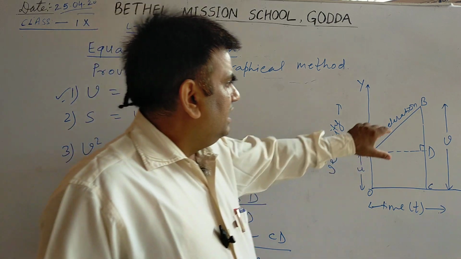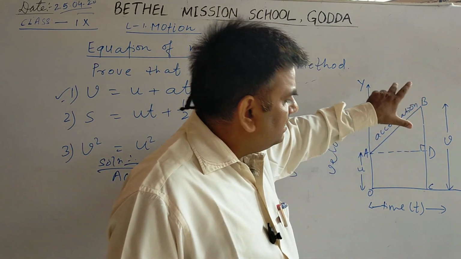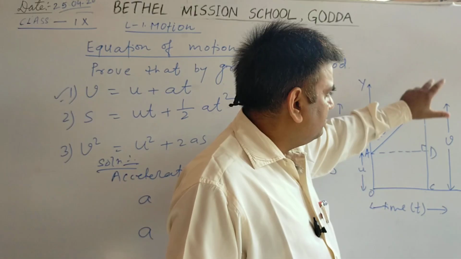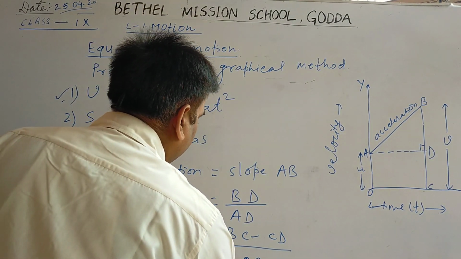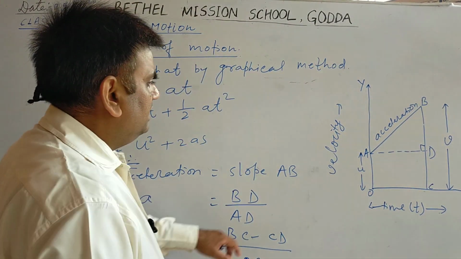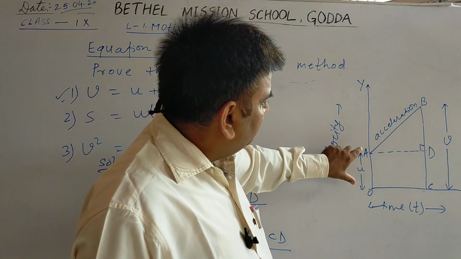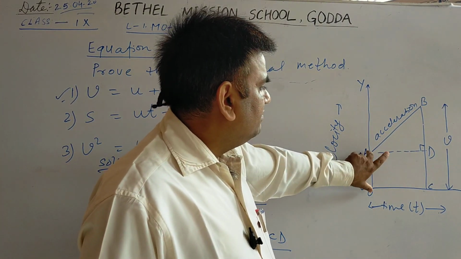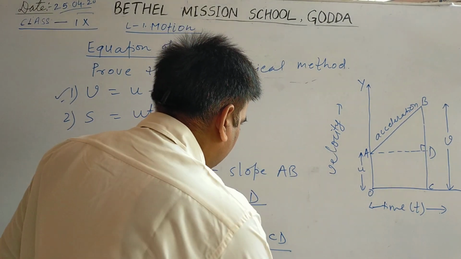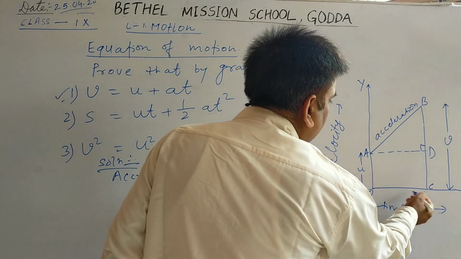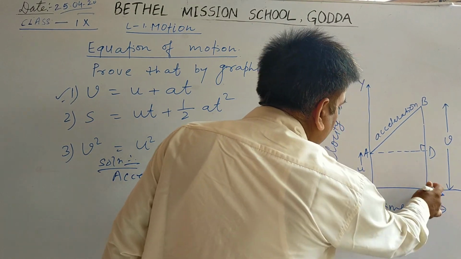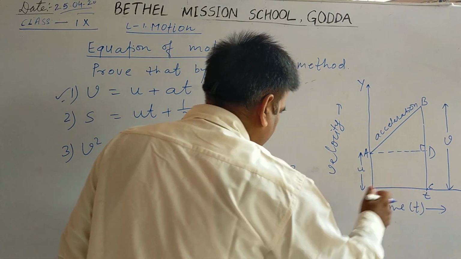Now the value of BC is the final velocity of the object at point B. It is v. So we can write v, and in place of CD we can write OA, and the value of OA is u. And the value of OC is time, so the value of OC is t.